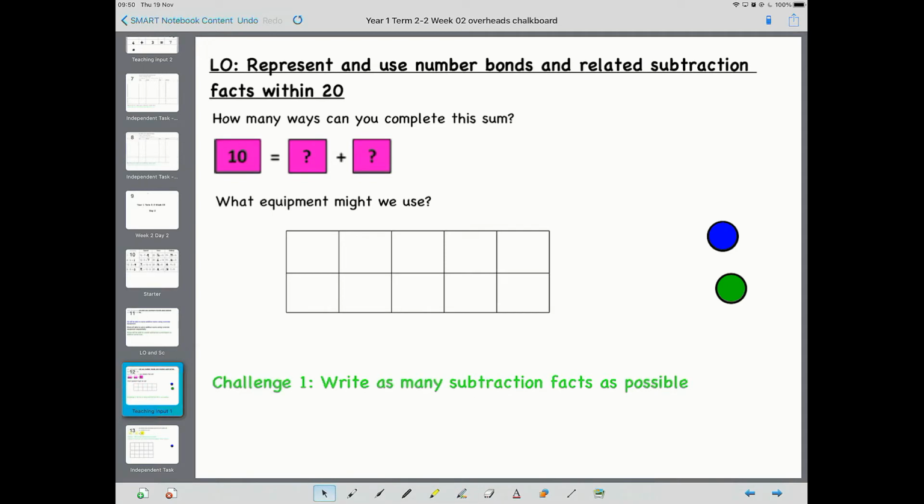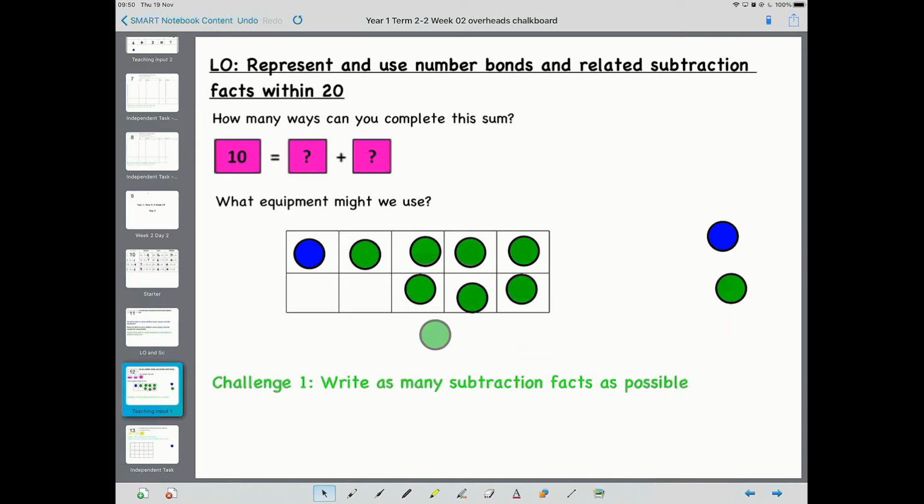Now, you don't need to do two-sided counters because I'm going to show you. What I'm going to do is we're going to populate this with 2 colours, but then I'm going to show you a trick that you could do at home to save you having to have 2 different colours. So what we're going to do is we're going to fill this up because we know that a 10 array has 10 different boxes.